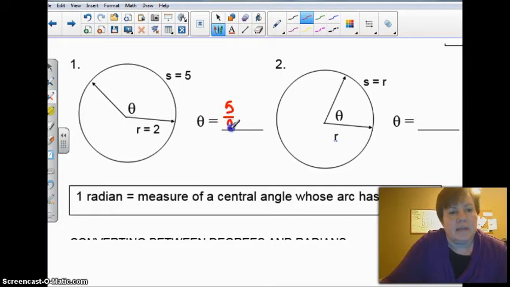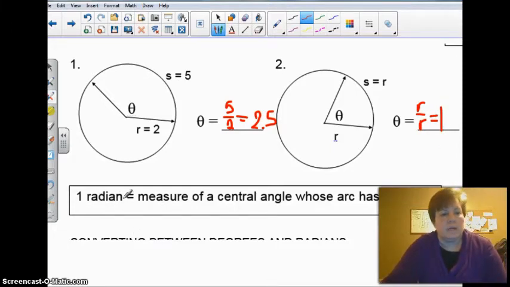We could leave it like that, but more likely we'll make it a decimal, so 2.5. And this is not degrees, this is radians, so we don't put any degree symbol up here. And then here S is R, the radius is R, so our ratio is R to R, which is 1.